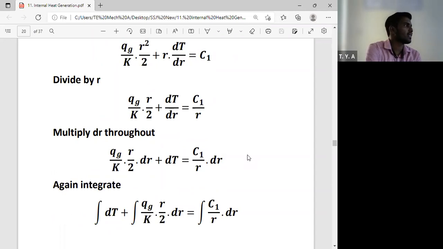So what is the integration of dt? Integration of dt is t.